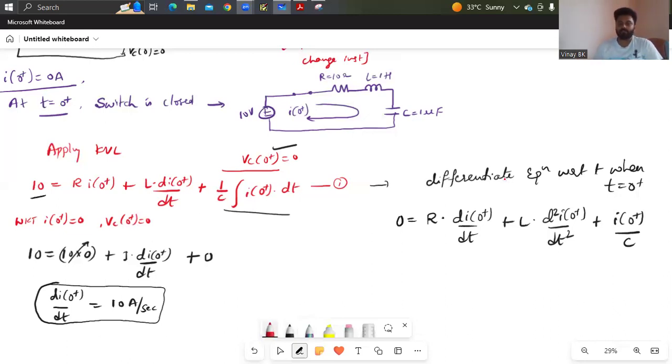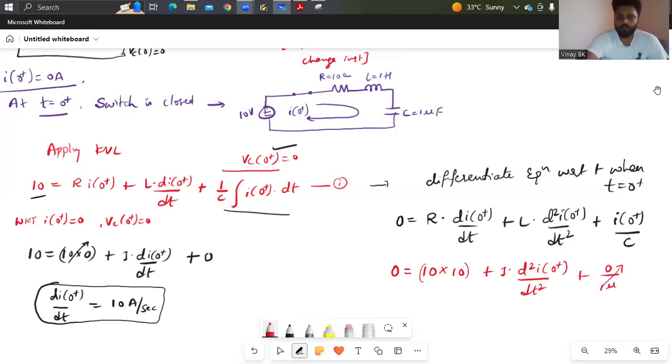Just substitute the values: 0 equals R, which is 10, into di of 0 plus by dt, which is also 10, so 10 into 10, plus 1 into d square I of 0 plus divided by dt square, plus 0 divided by 1 micro, which is 0 only.